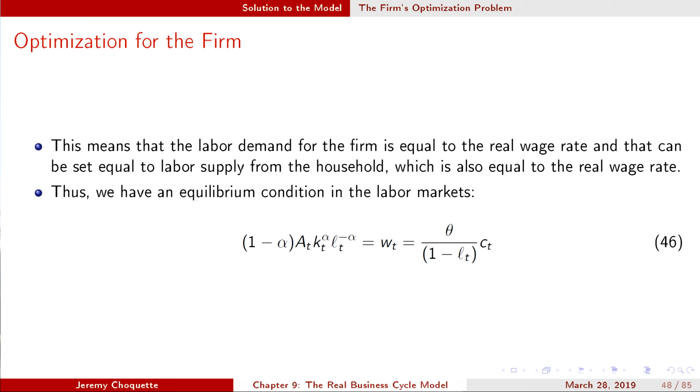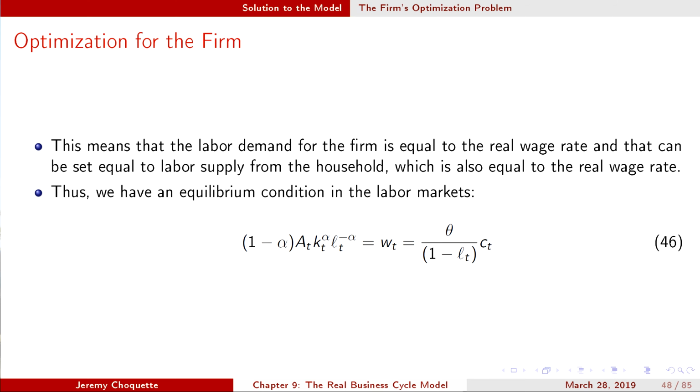Now, when I said that stuff about the centralized and decentralized solutions, if this were centralized and I had stuff with labor in here, basically what we would end up getting is a scenario like this where we can actually eliminate the wage rate, because the wage rate is equal to those two things. If we knew the optimal combination of labor and capital for the firm, and we knew the household's labor supply equation, there's no need for the wage rate, because we've already got the quantity of labor figured out.